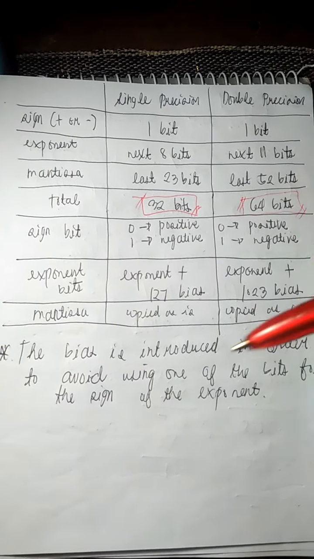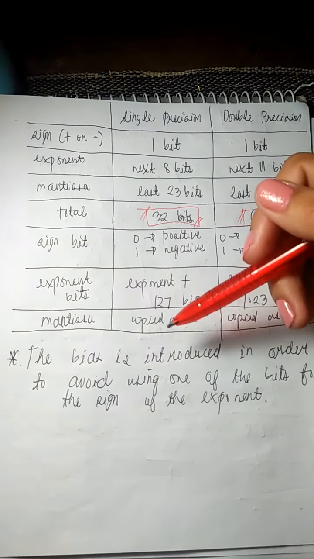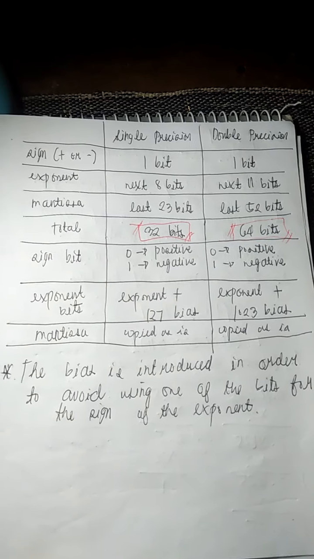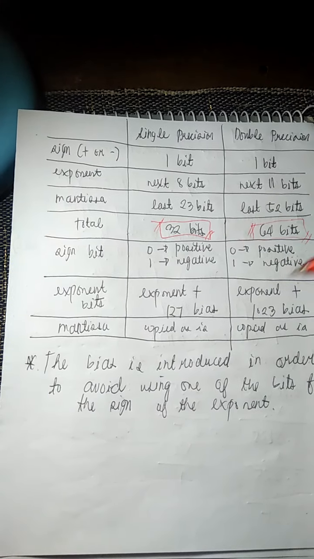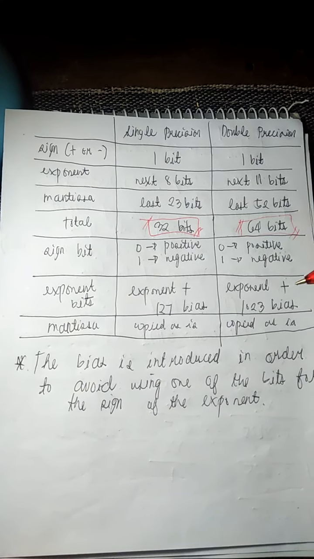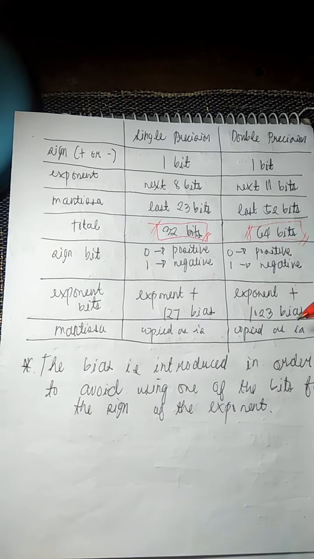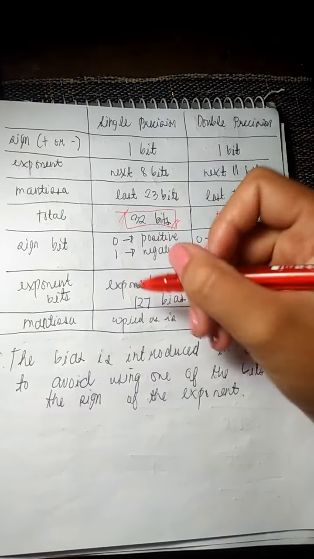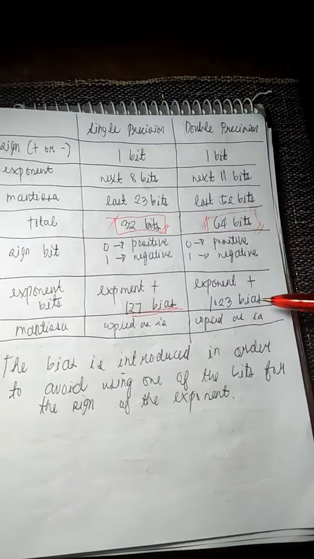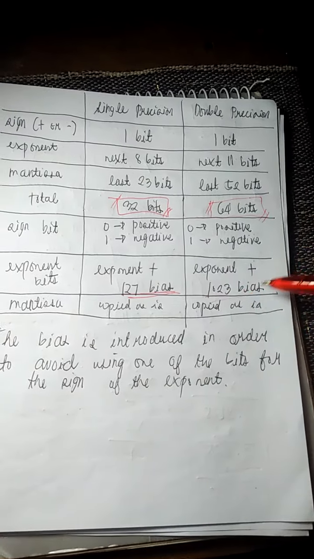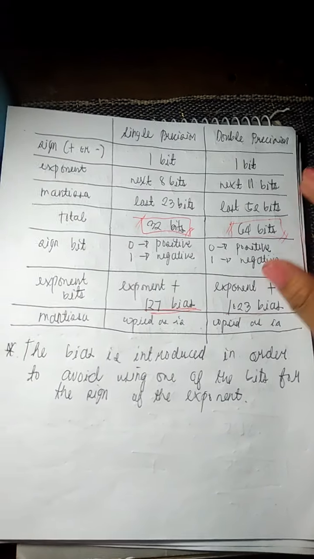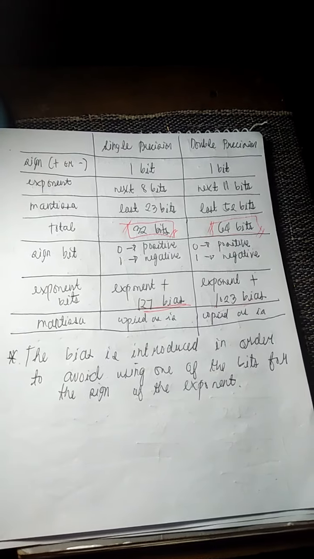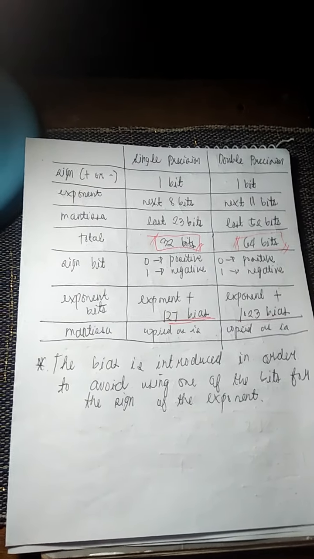And then the exponent bits: exponent plus 127 bias in single precision, and exponent plus 1023 bias in double precision. The bias is introduced in order to avoid using one of the bits for the sign of the exponent.